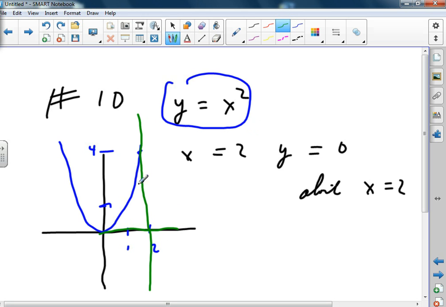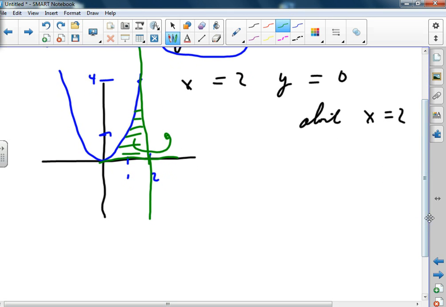Okay, so we're taking this guy and we're rotating around x is equal to 2 around that way. Okay, so that's what we're doing.